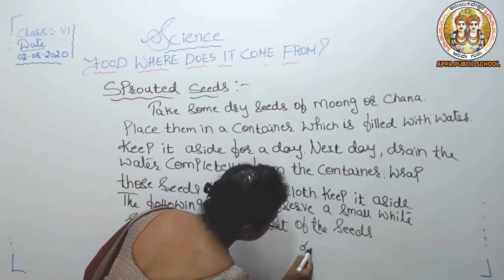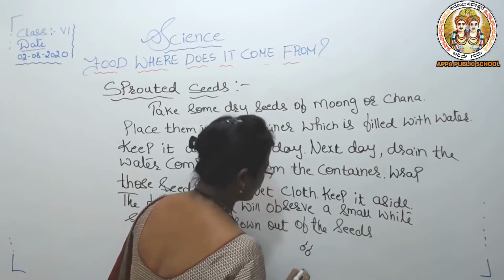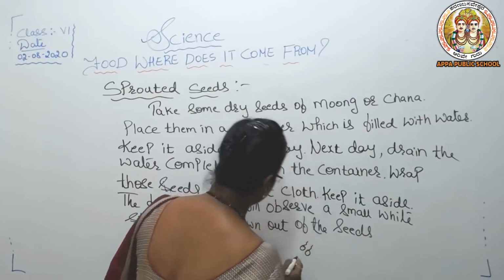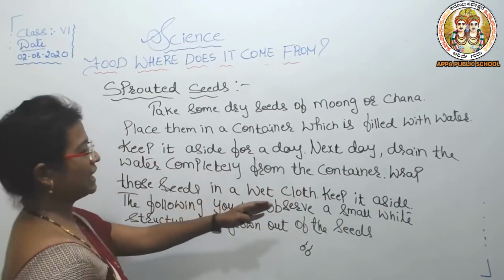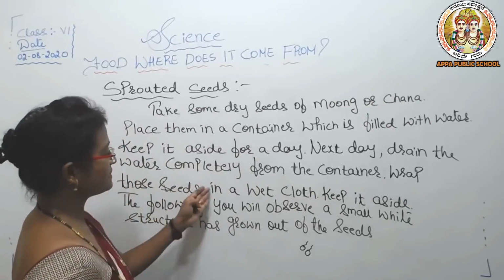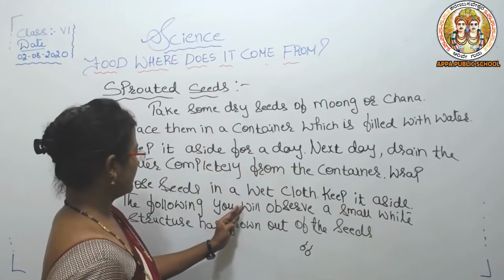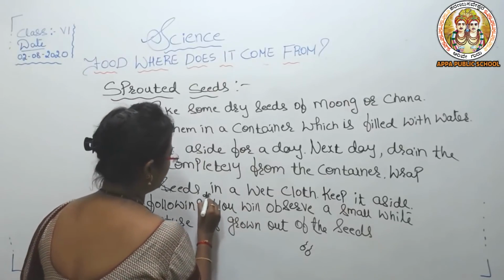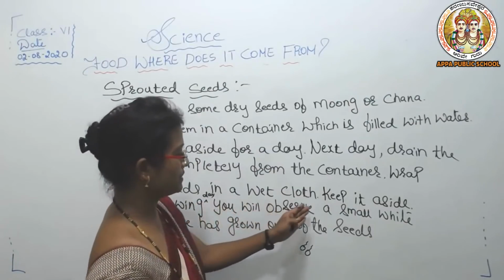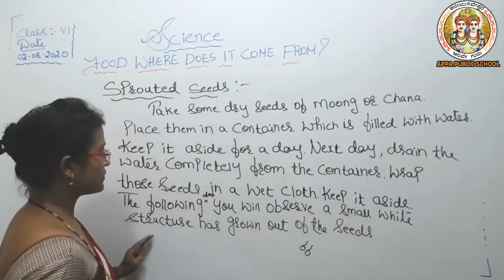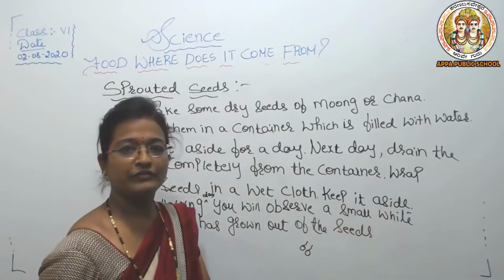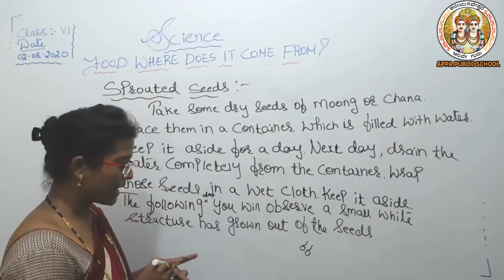Like this, a small white structure will come out of the seed, and that we call sprouts. So after wrapping the seeds in a wet cloth and keeping it aside, the following day you will observe a small white structure has grown out of the seeds, which we call sprouted seeds.